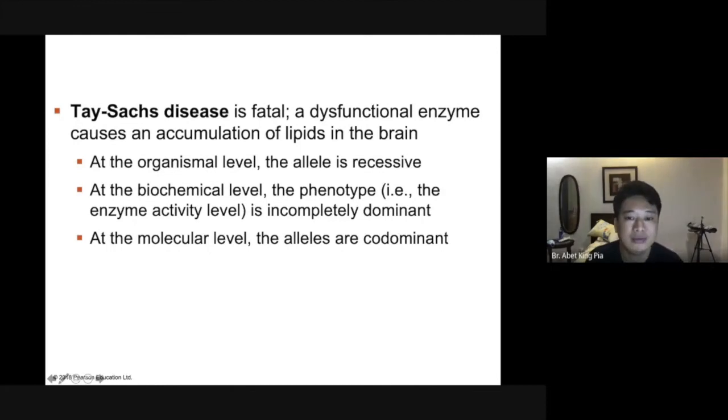I will not give an example of codominance kasi sa book naman natin or even dun sa pinanood na mga videos sa Amoeba Sisters, ang example dun yung manok. May white tapos may black.